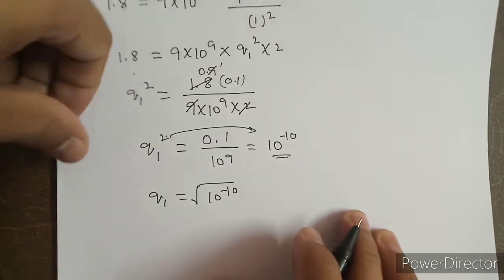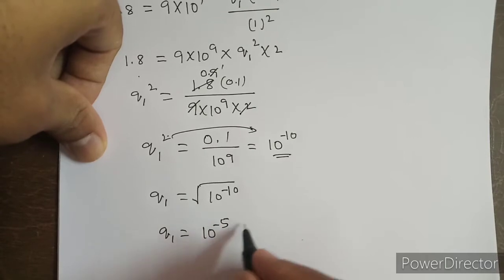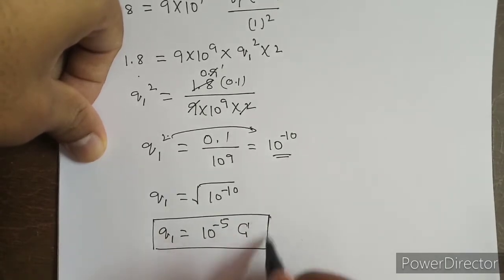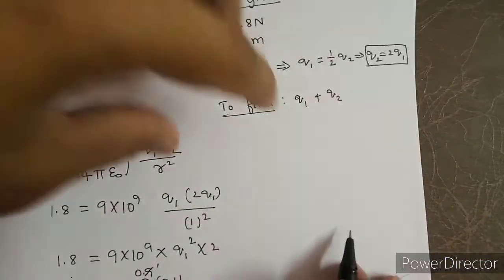Okay, then Q1 is equal to how much? 10 to the power minus 5 Coulomb. Okay, this is Q1. And what is Q2? Q2 is equal to 2 times Q1, so I can write that here.